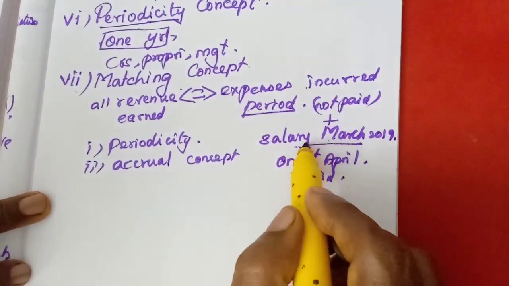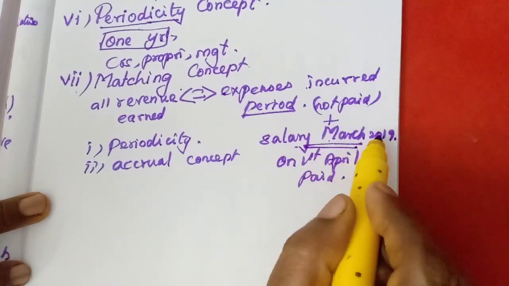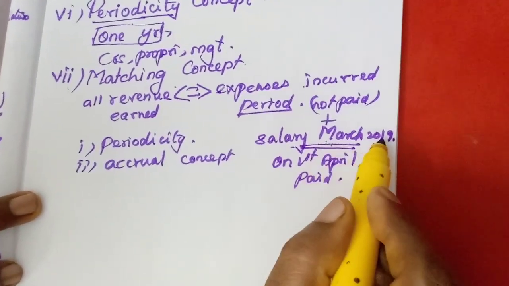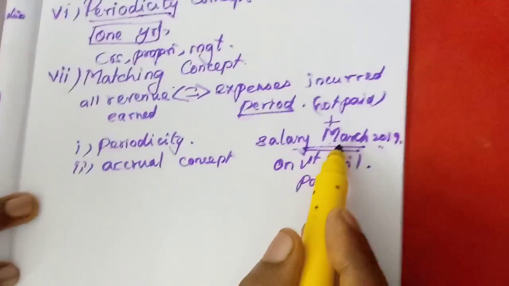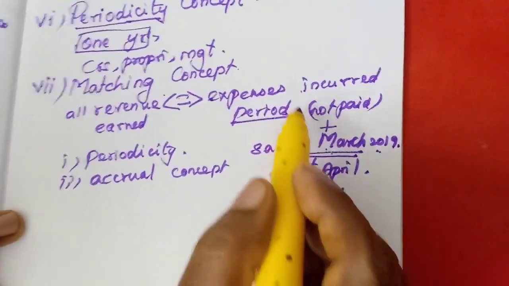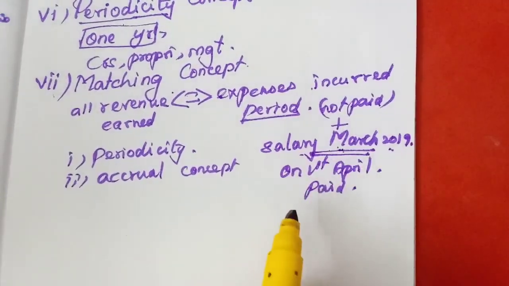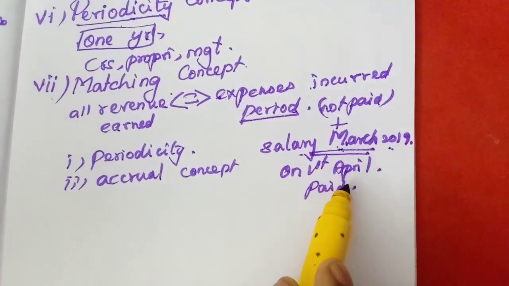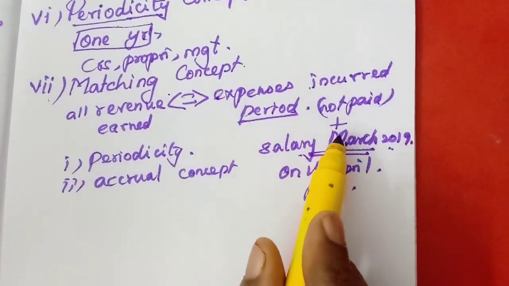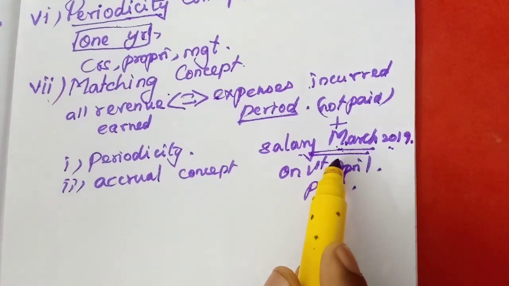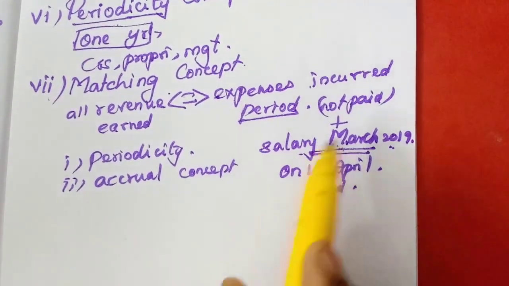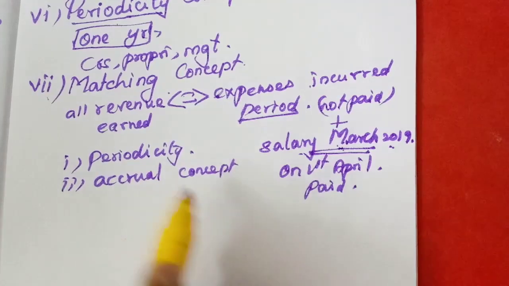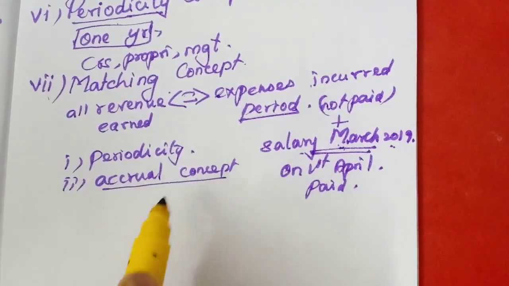Because we close the books of accounts, the accounting period ends with March 2019. But we will include this along with this year's expenses. Though we have not paid, we should include it, that is the outstanding expense. That should be added. That is called the accrual concept.